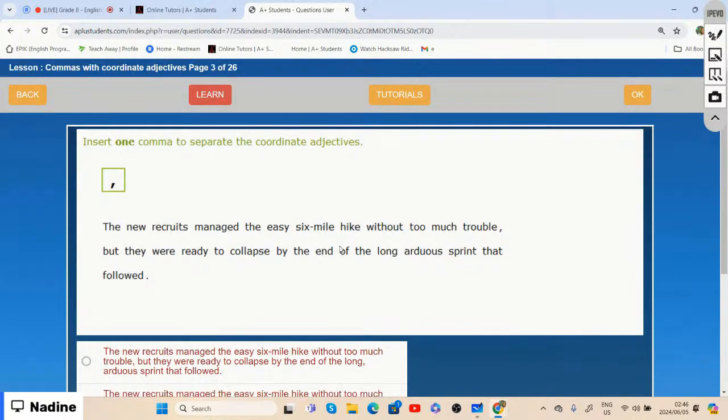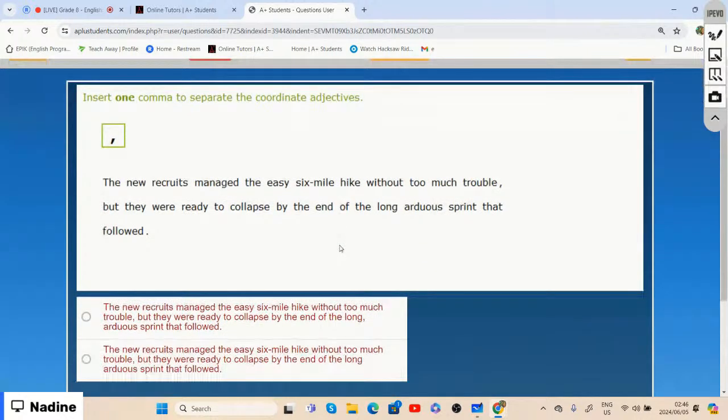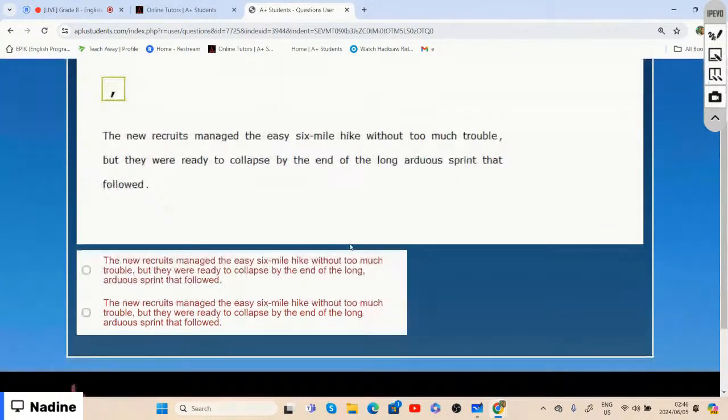All right, and we need to add or insert one comma in order to show our coordinate adjective.